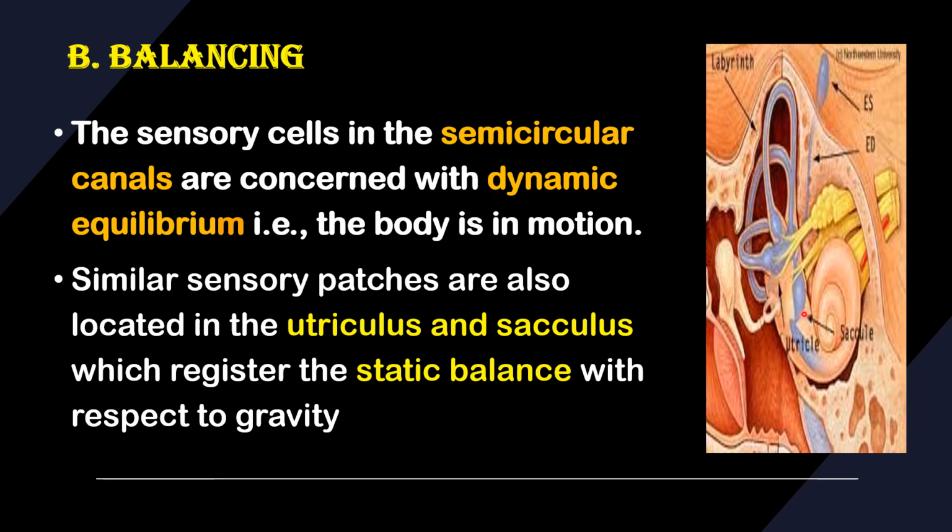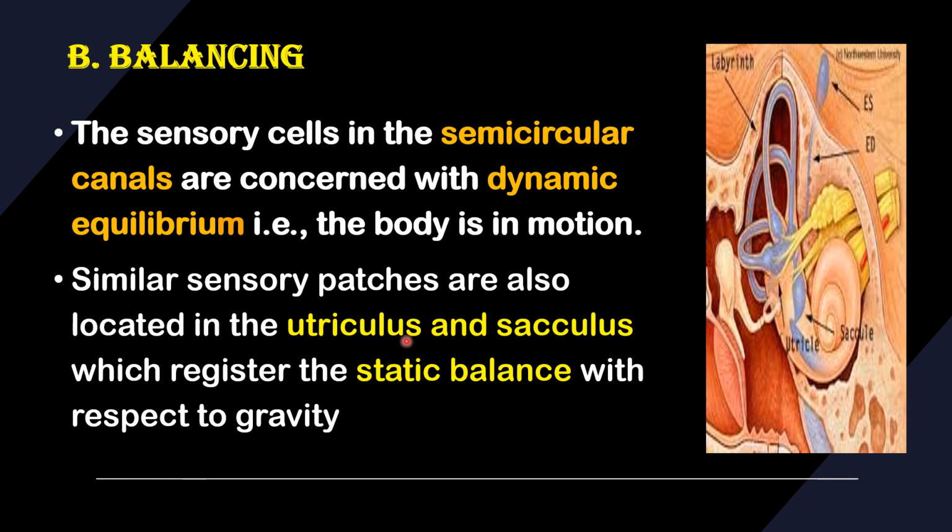Similar types of sensory cells are located in the utriculus and sacculus. Where are they located? Utriculus and sacculus are a part of the vestibule, the stem that connects the semicircular canal and the cochlea. That consists of utriculus and sacculus.